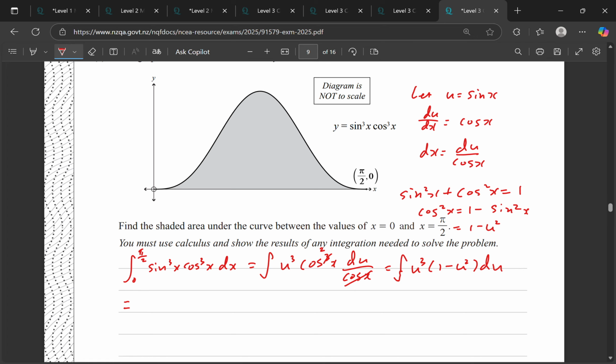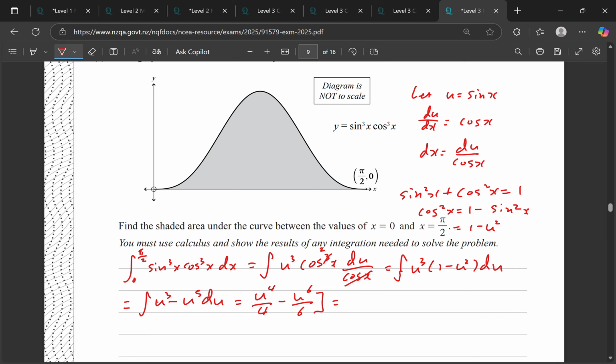So if I expand this, u cubed minus u to the power of 5 du, that becomes u to the power of 4 over 4 minus u to the power of 6 over 6, and then I substitute back.